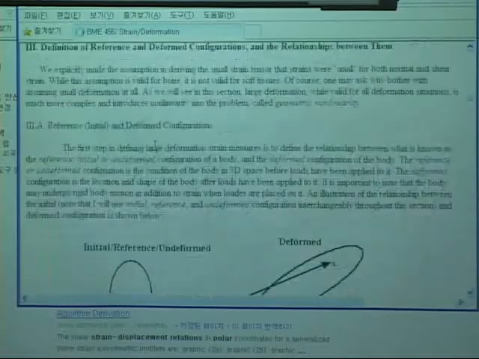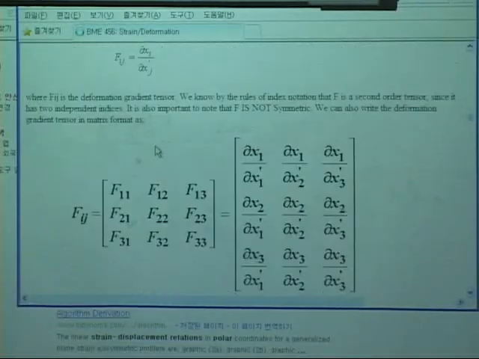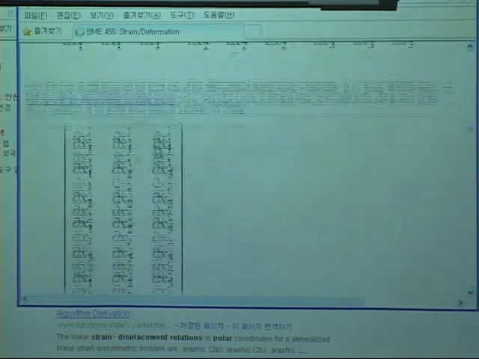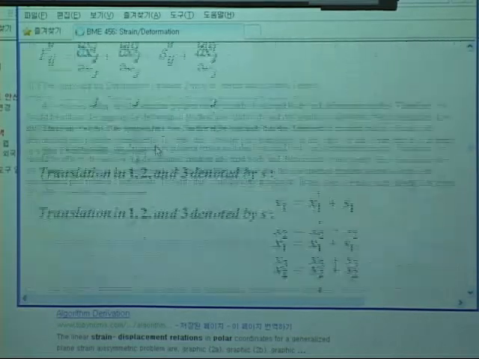But in polar coordinate system, the components are a little different. The reason is that the angle is changing.